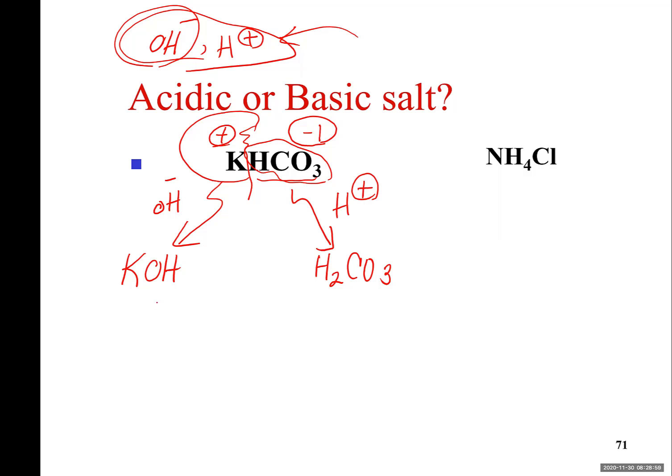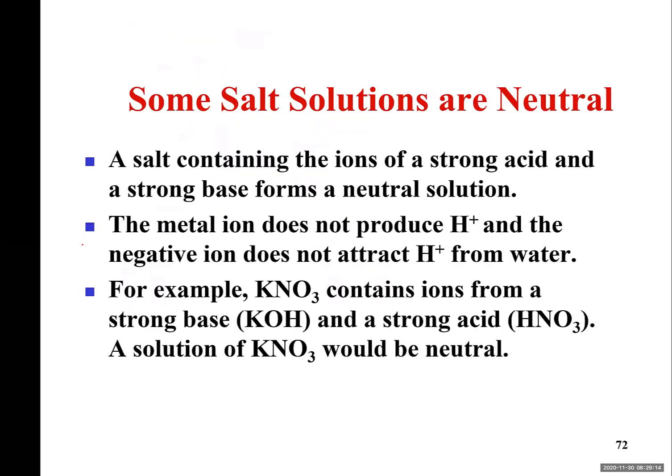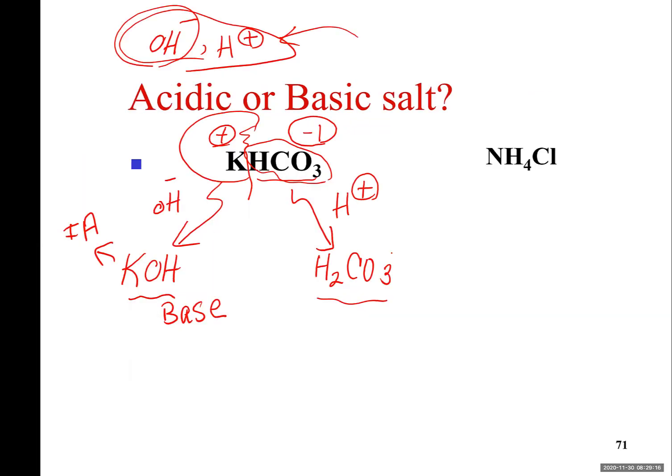Now, I need to determine the strength of the parents. So KOH is a base you already know because it has OH minus. And K belongs to group 1A. We said metals of group 1A make strong bases. So KOH is a strong base. One of the parents is strong.